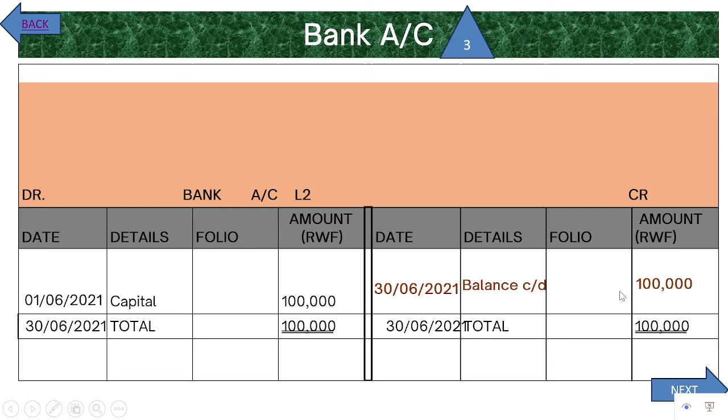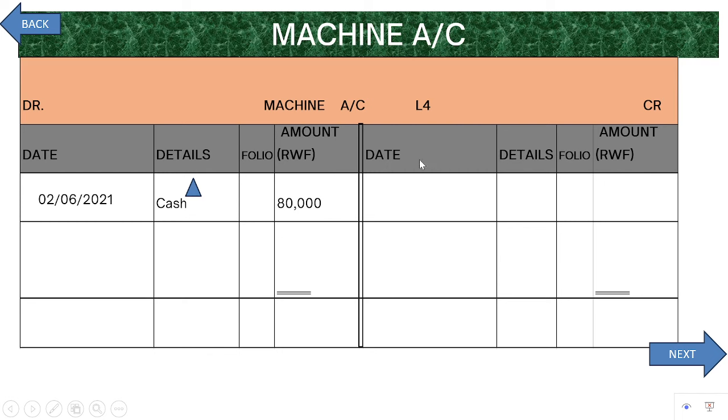Then we draw two parallel lines and bring it to the opposite side. At the last step, the balance carried down changes side to the bigger side and becomes the balance brought down, that is 100,000.